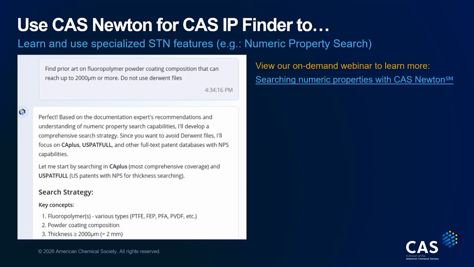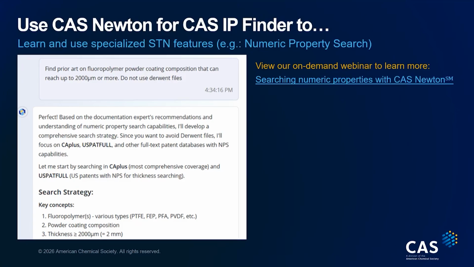I think, let me see, there are non-patent literature files like PQ SciTech that you can search numerically, and it normalizes the units and all of this kind of thing. That was something that we were working on getting into CA+, and it didn't happen for a lot of different reasons. And now I ask this question, are we going to get numeric property searching in CA+? Is that a project that's still working?